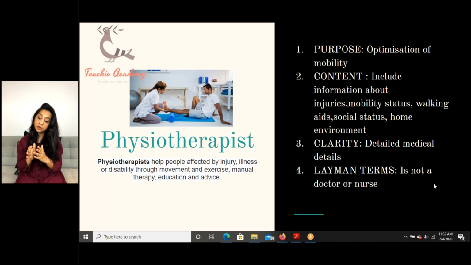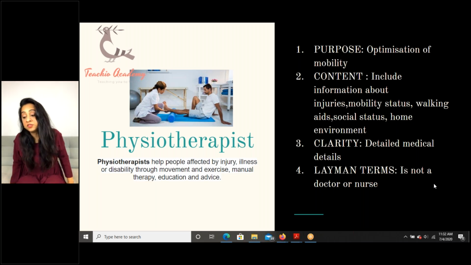It's a little bit similar to the concept that I've tried to emphasize in speaking, that you need to explain complicated medical terms. This might become important when you're writing letters to a non-medical audience.